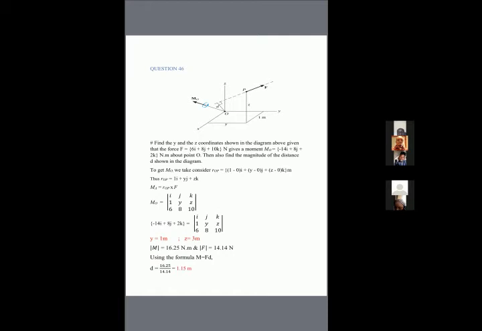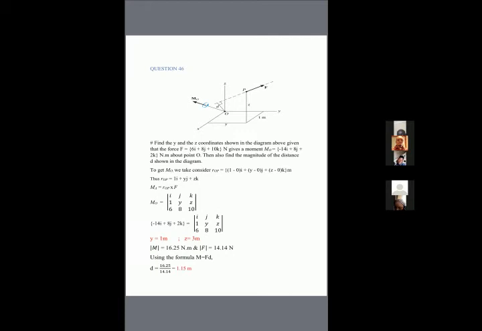You get your vector, which is going to be ROP, since you're taking moment about point O. So ROP, you have 1 there, which is shown on the diagram to be in the x, and then in the y is simply going to be y, and z is z minus 0, because point O is at the origin, so the z component of O is also 0. So you have your ROP there, which is 1i plus yj plus zk.